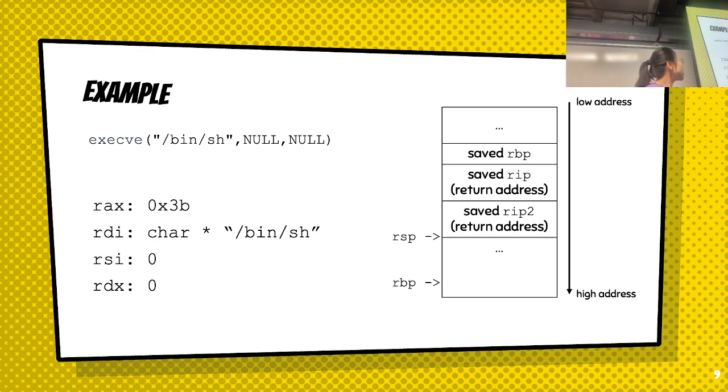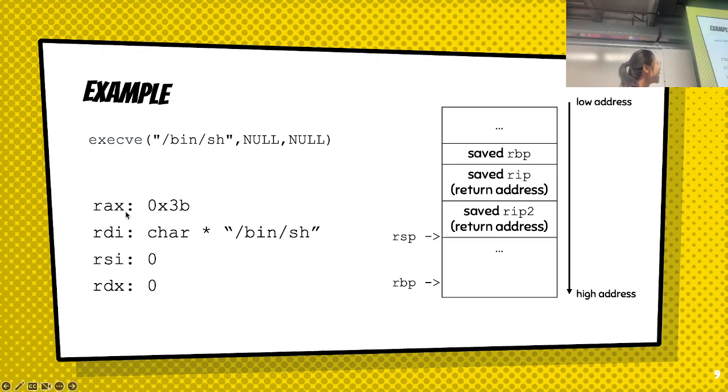We need to make sure that RAX is equal to 0x3b. And then RDI, which represents the first argument, has to be an address that points to a string, so it's a pointer dereferenced to the string /bin/sh.